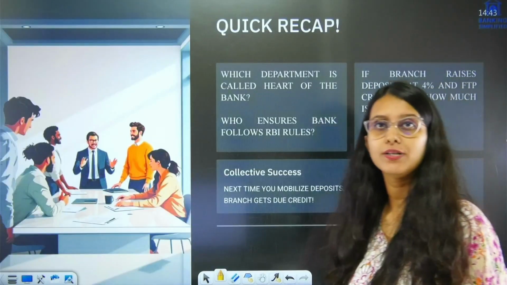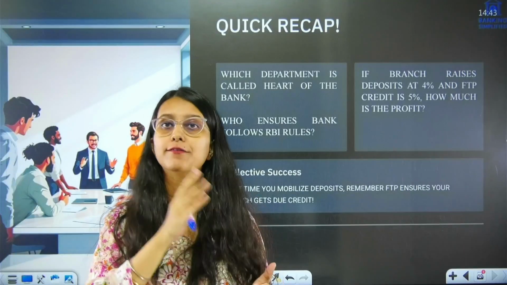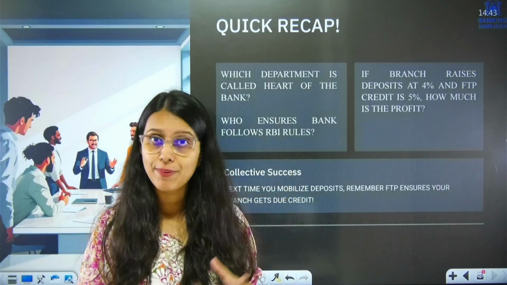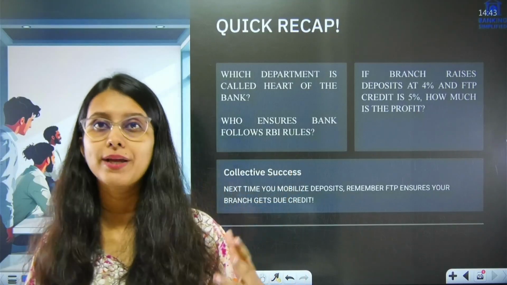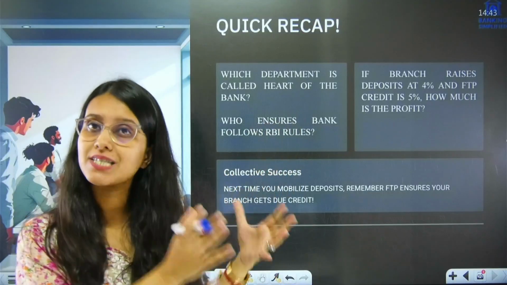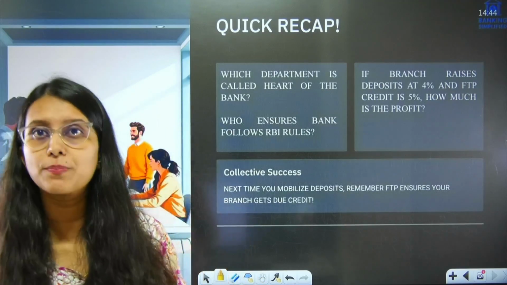Okay. Now we'll do a quick recap and quickly understand what we had done in the beginning. Firstly, the first part was the different departments in the bank, the structure of a bank, where we had talked about the board of directors. Then we had talked about treasury, risk management, compliance, audit, and of course retail and corporate banking.